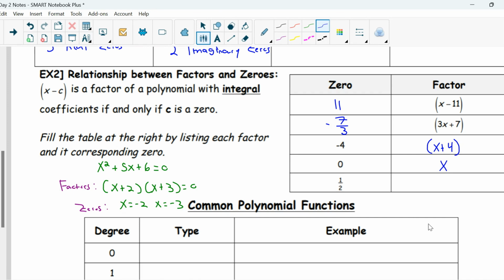Okay, finally, 1/2. This one is a little more difficult to see, but obviously, to get 2 as your denominator, you're going to have 2x, right? So then you divide your 2, yet we still need a positive 1, so we're going to have 2x minus 1. Okay, this is kind of just a reverse way of thinking about solving for your zeros from your factors.